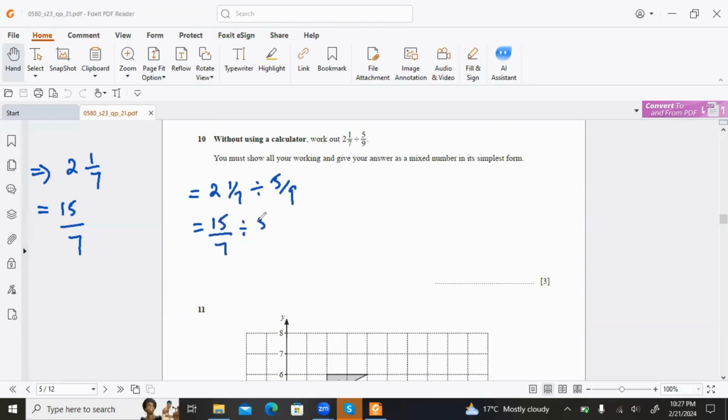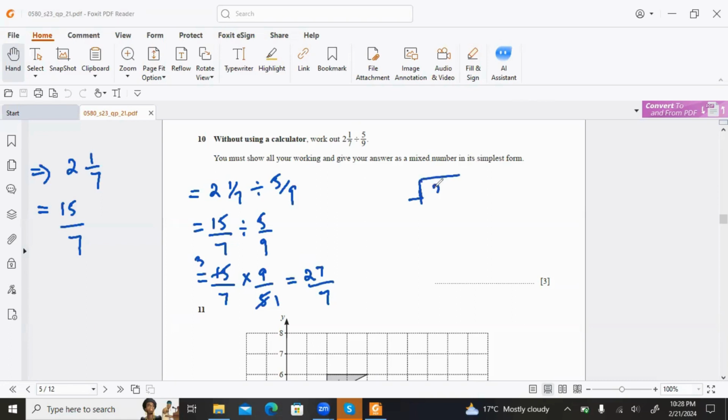And next we're going to take the reciprocal. When we take the reciprocal, we flip the second fraction and replace the division with multiplication. So by flipping the fraction, 5 over 9 becomes 9 over 5. Cross multiply: 3, 27 over 7. They're asking for the answer as a mixed number in its simplest form.